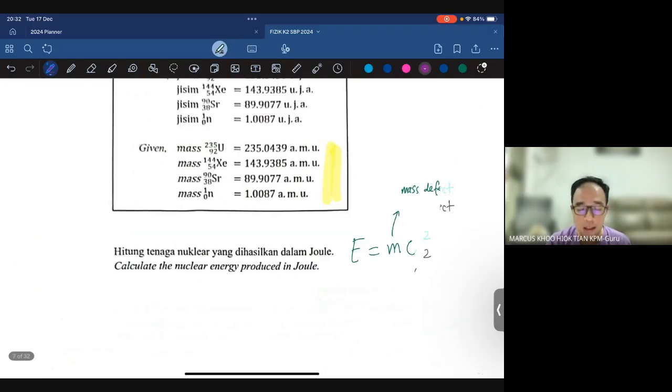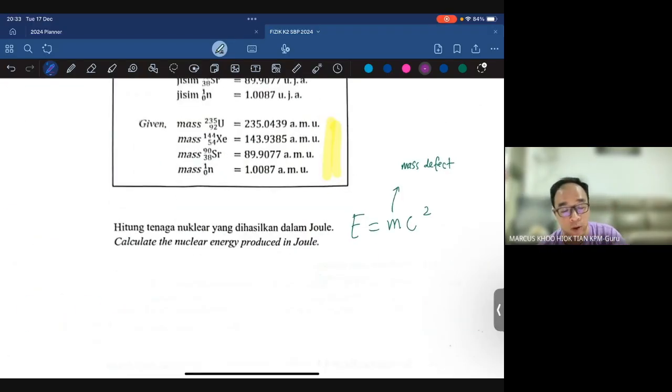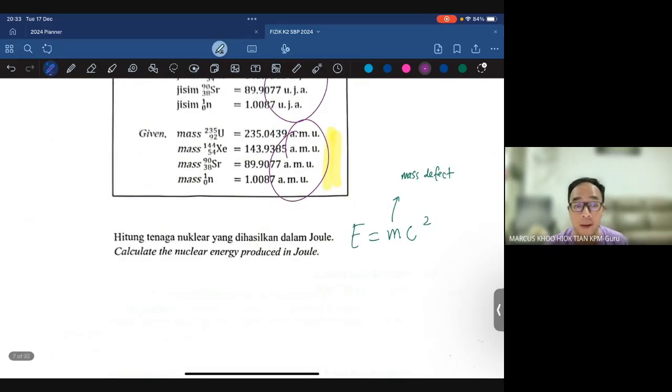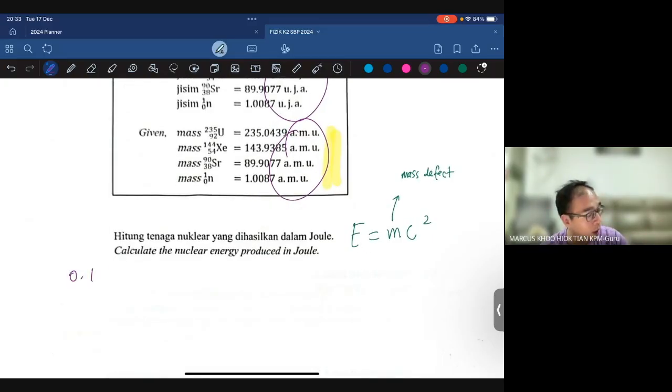But if you notice the unit, the unit is AMU. UJA atau AMU lah. Unit jisim atom, atomic mass unit. So 0.189 AMU, we need to change it to kilogram. So multiply by 1.66 times 10 to the power of negative 27.